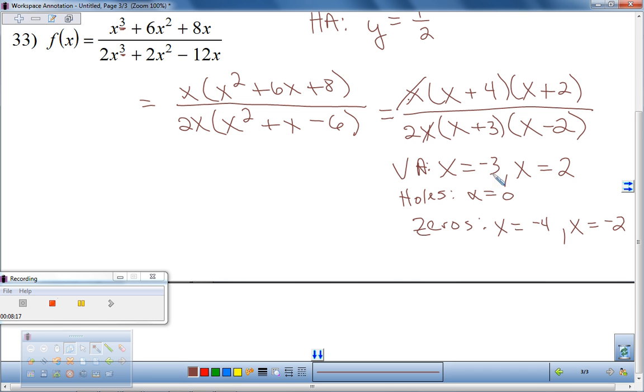Our domain restrictions are going to be 0, negative 3, and 2, because x can't equal those. So all real numbers except: x cannot equal 0, negative 3, or 2.